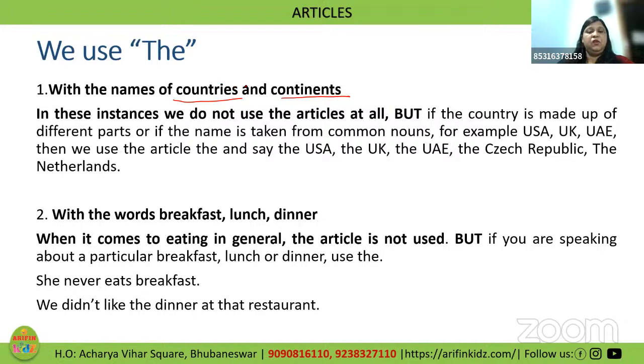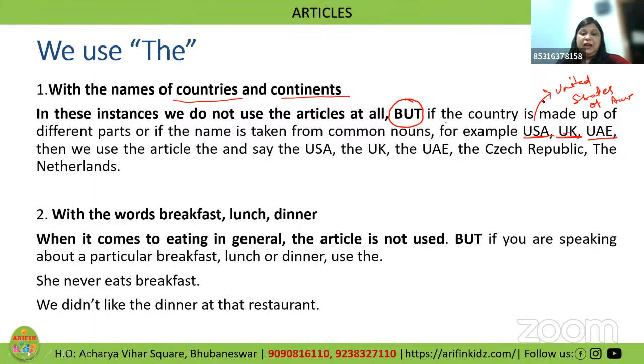Remember, with the names of countries and continents, we normally do not use an article, but there is an exception. But if the country is made up of different parts or if the name is taken from common nouns, for example, USA, it is called United States of America, right? UK, the United Kingdom, United Arab Emirates.